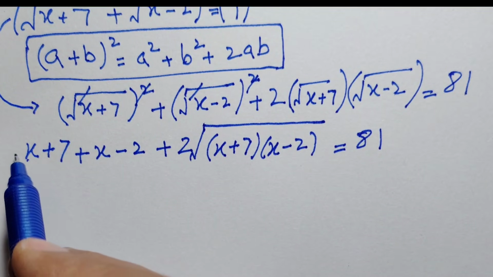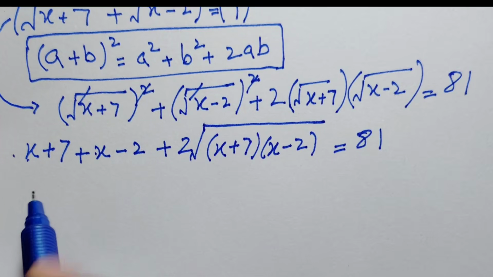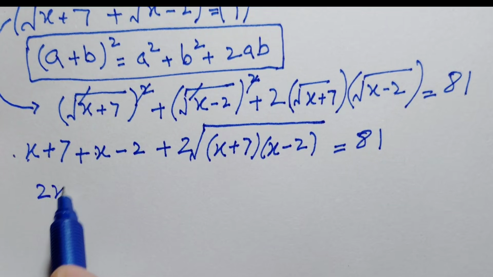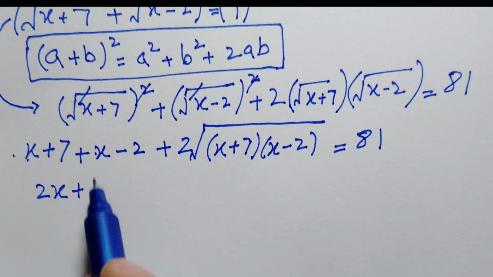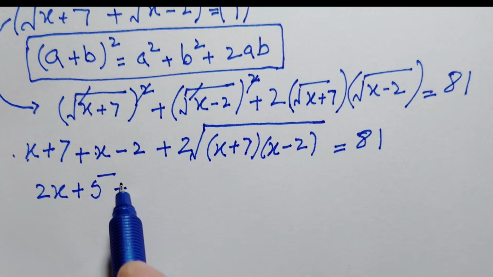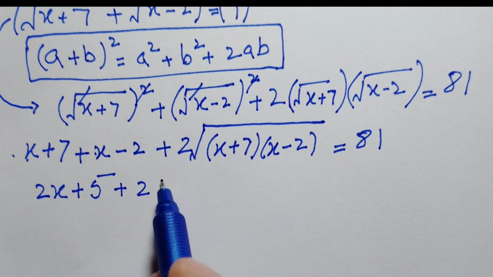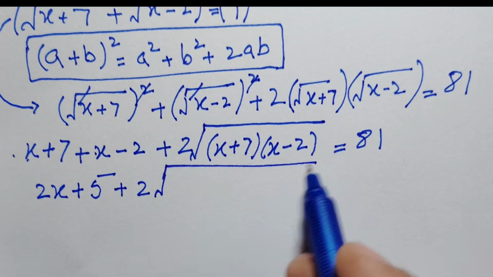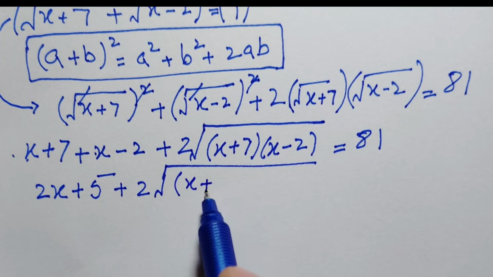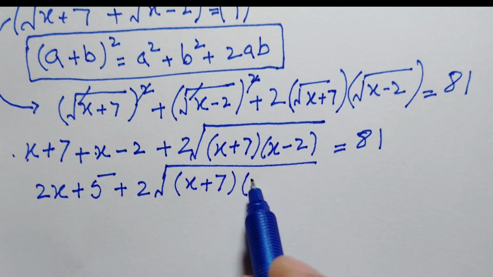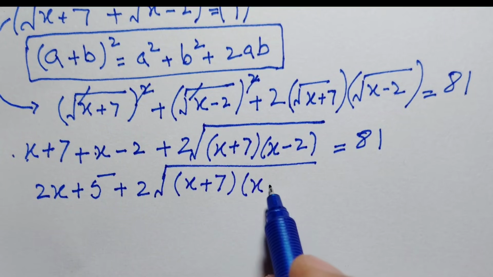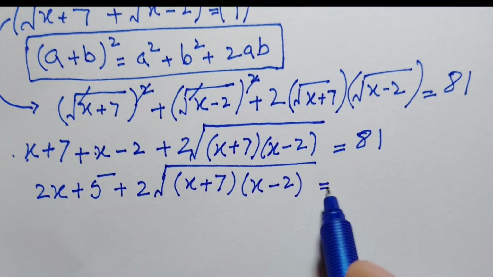Now x plus x is equal to 2x and 7 minus 2 is 5, plus 2 into square root x plus 7 into x minus 2 is equal to 81.